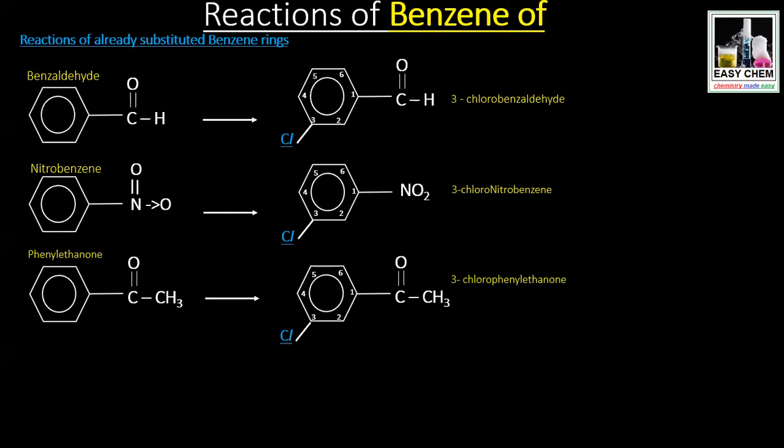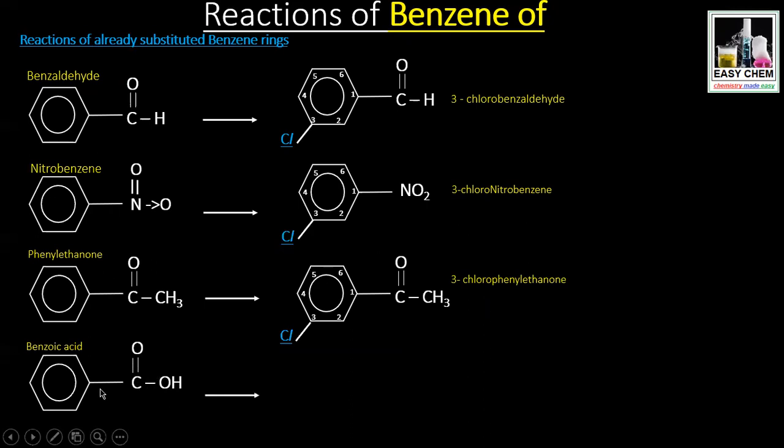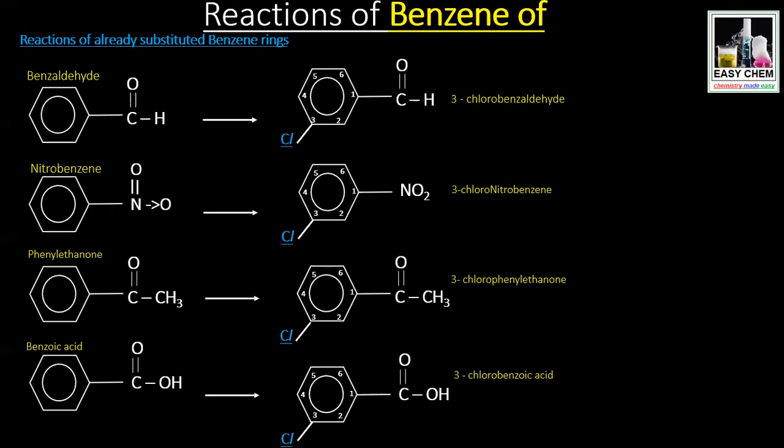There are no two compounds, only one compound is produced in these reactions. There's a clear difference, okay? Now, the fourth example is benzoic acid. There's a carboxylic acid directly attached to the benzene ring. When benzoic acid is reacted, again we get 3-chlorobenzoic acid.